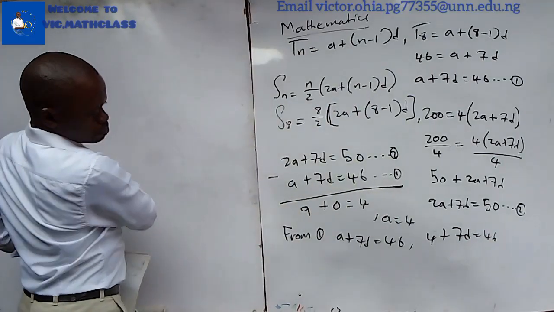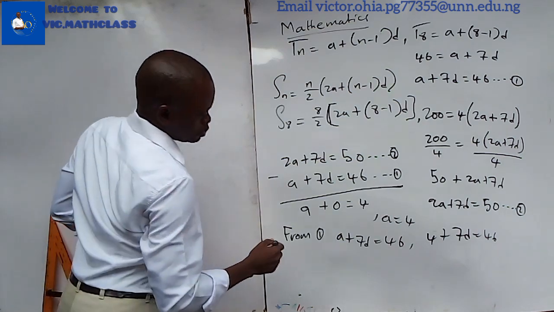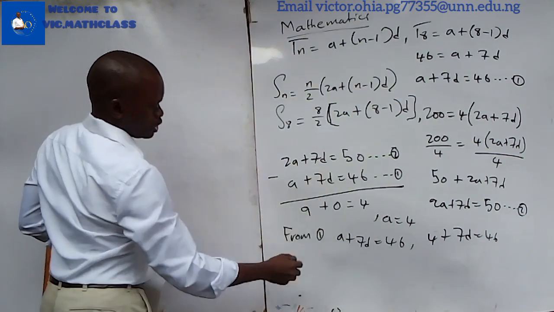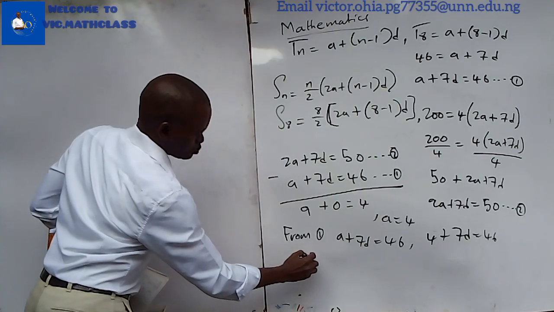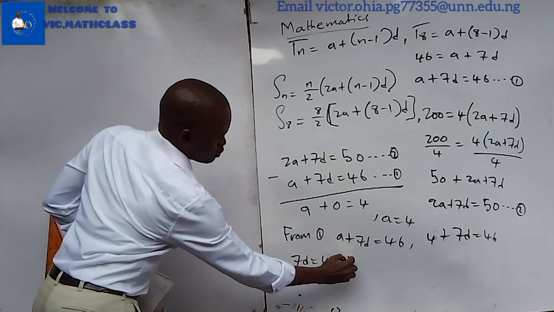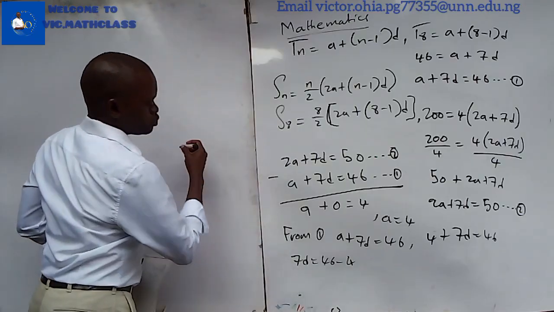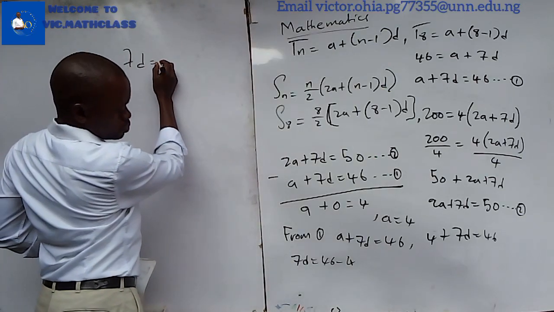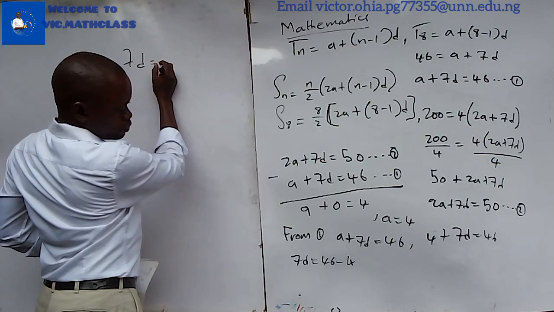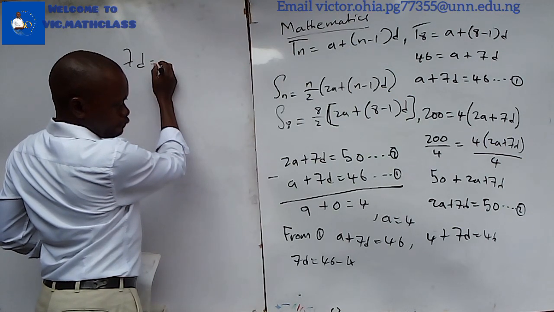So I can collect the like terms there. I will have 7d equals to 46 minus 4. So what we now have is 7d equals to 46 minus 4 will give us 42.